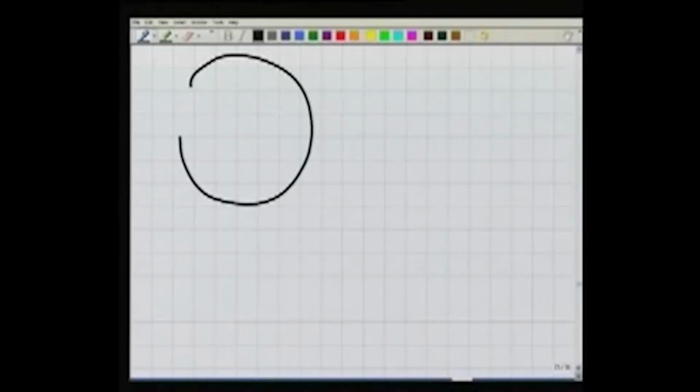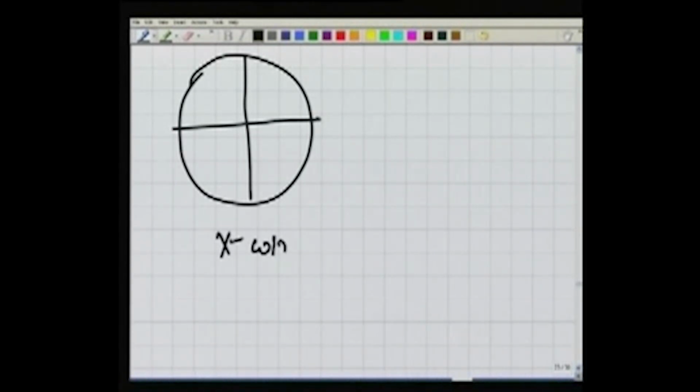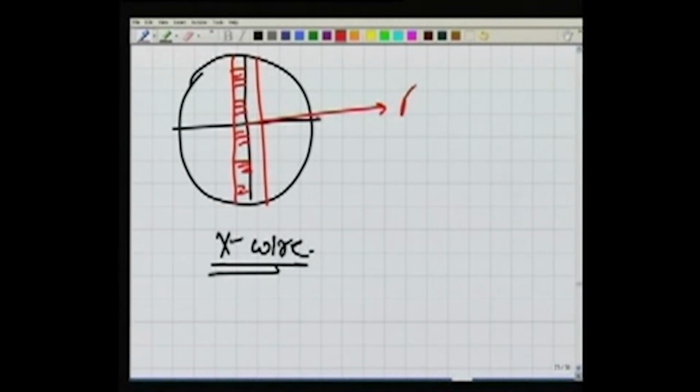How do we take the observations? If this is my field of view, this is my crosswire in my telescope, we will be seeing the staff. Staff is a graduated scale. This is how we will be looking at, and that's the value which we say as R, the reading.